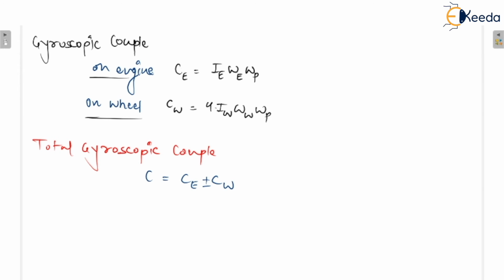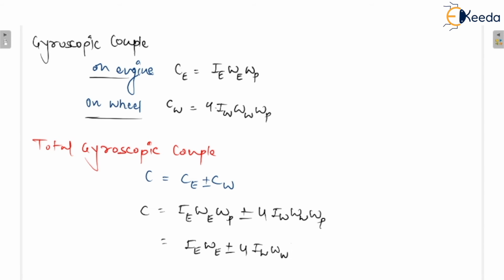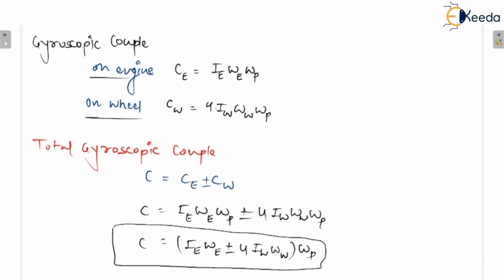You can add them or subtract them, it depends on the situation. So it is IE omega E omega P plus minus 4 IW omega W omega P. You can take common, so it becomes IE omega E plus minus 4 IW omega W, multiplied by omega P. This is the total gyroscopic couple on a four-wheeler during turning.